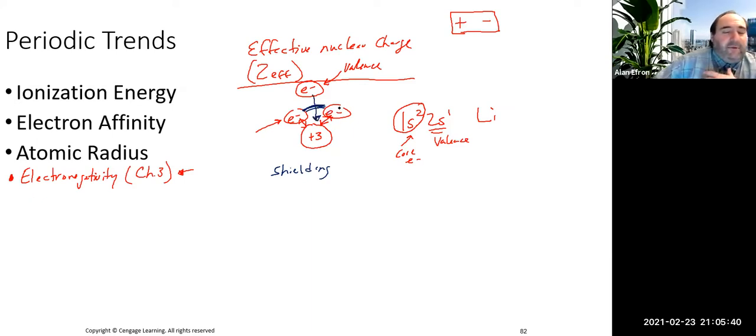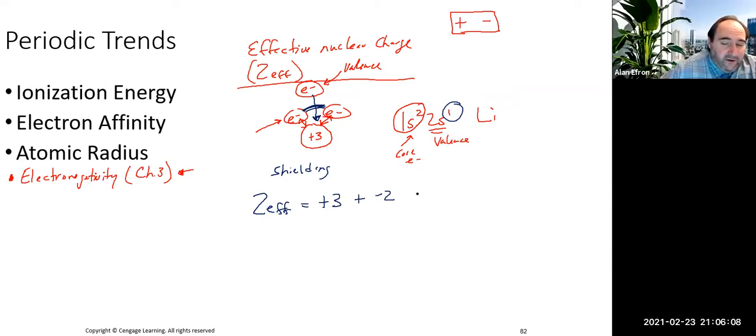They're blocking a lot of that positive charge. Instead of feeling the full force, you can calculate the effective nuclear charge it is feeling. It is the positive charge of the nucleus plus the electrons in front of that electron. So in this case, there are 2 electrons.